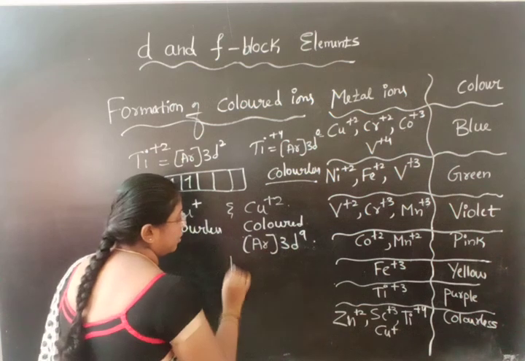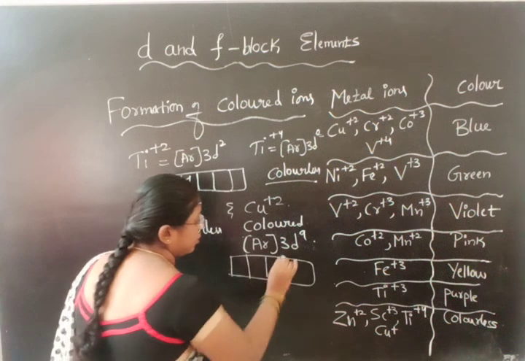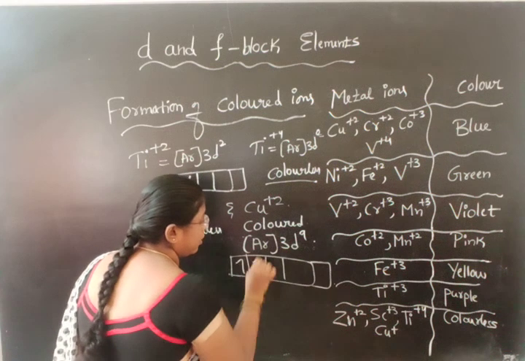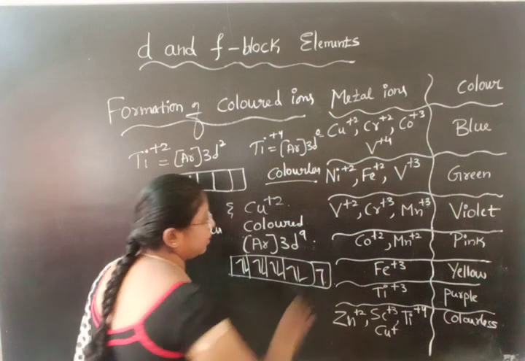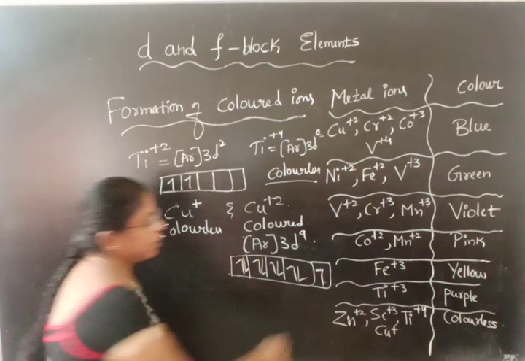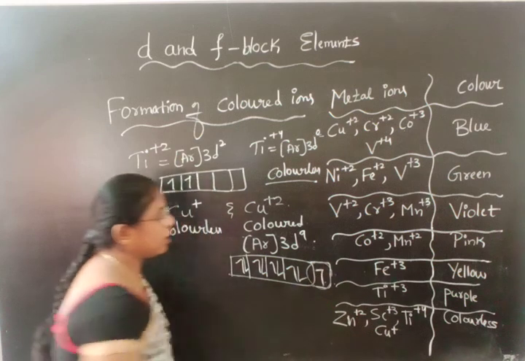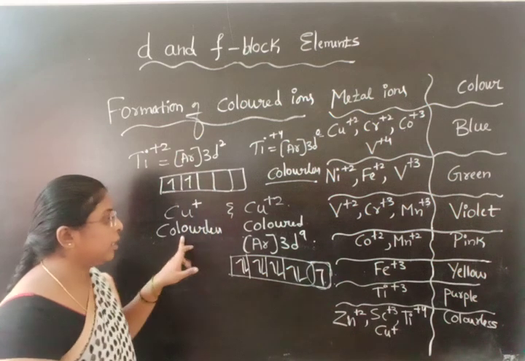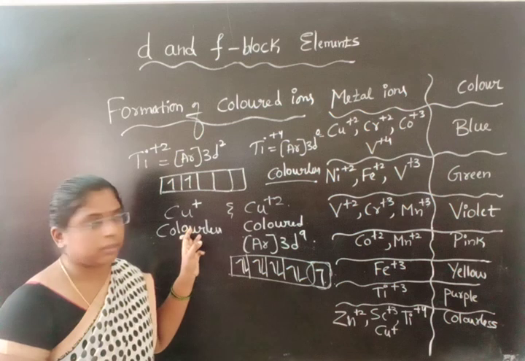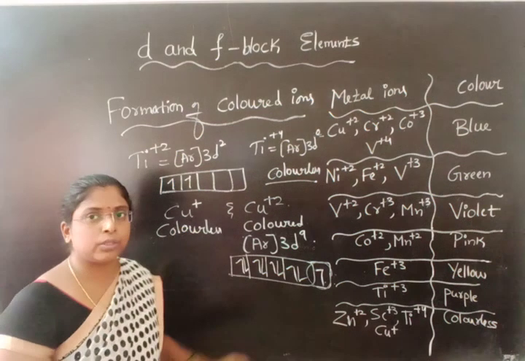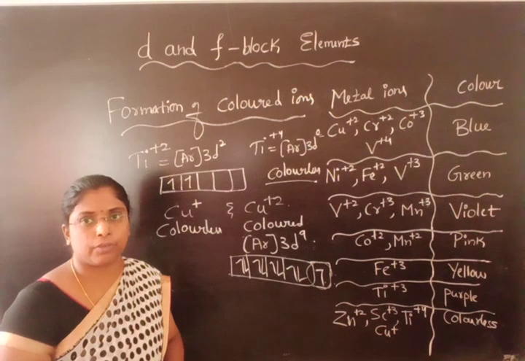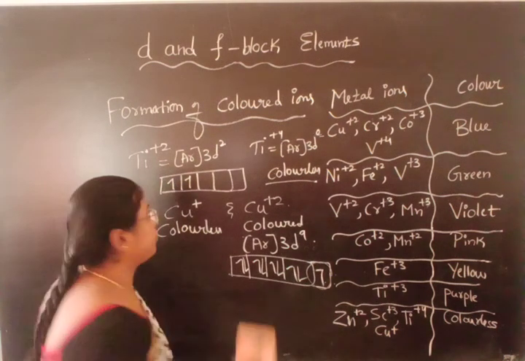Here 9 electrons are there, so you can see one unpaired electron in Cu plus 2. Hence it is colored, whereas Cu plus is colorless because there are no unpaired electrons in Cu plus. The color is due to the presence of partially filled d orbitals.